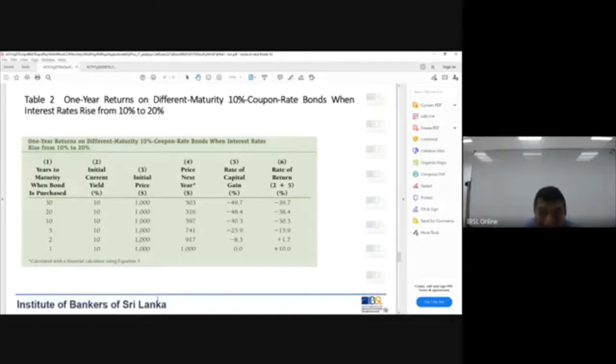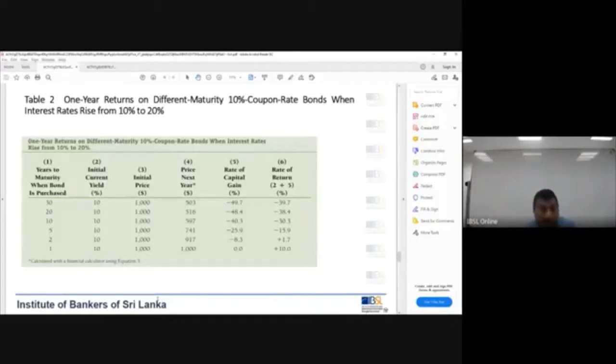So capital gain or capital loss. Okay, as a result of the change in interest rate, you can see the first year rate of capital gain is 0 because there is no change to the price. This is (P_{t+1} - P_t) / P_t, the equation that we discussed.